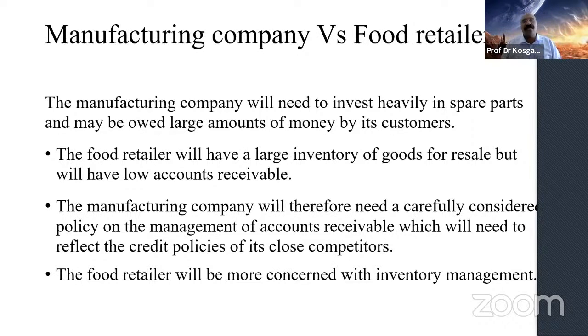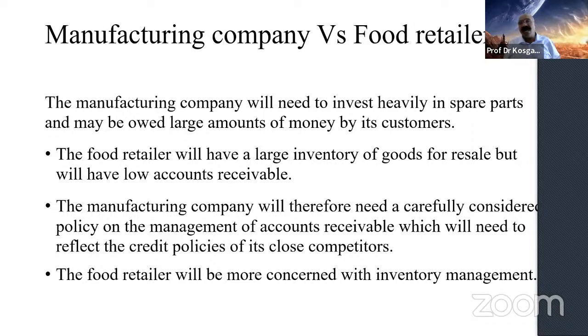Let's say to produce a car, and to produce, say, a food item. Let's say lunch or breakfast, nasi lemak, or what is the favorite food? Nasi ayam. Okay. Let's say the food retailer sells nasi ayam, and the manufacturing company is Proton, a local car company.